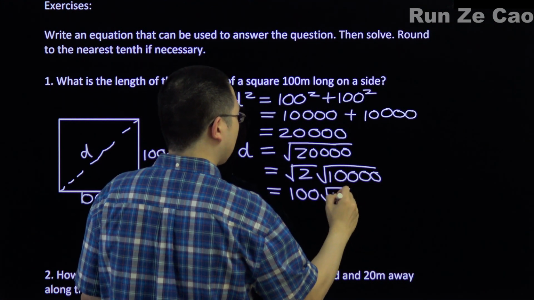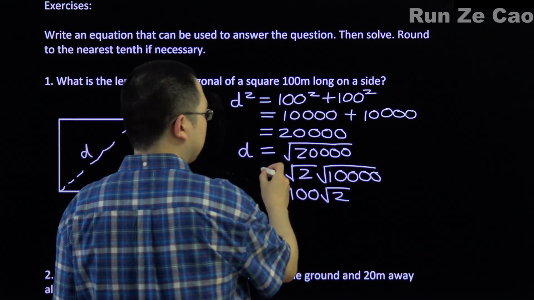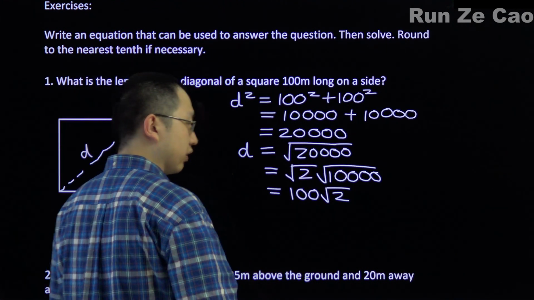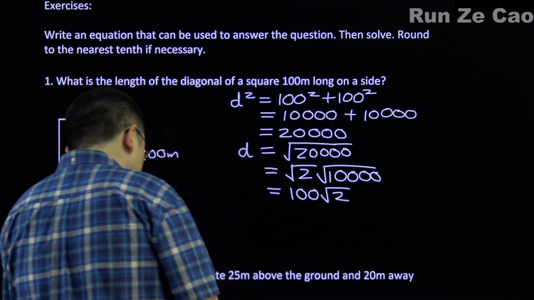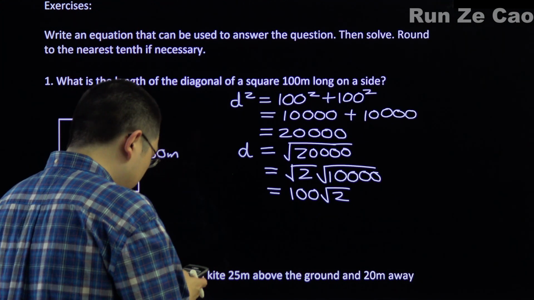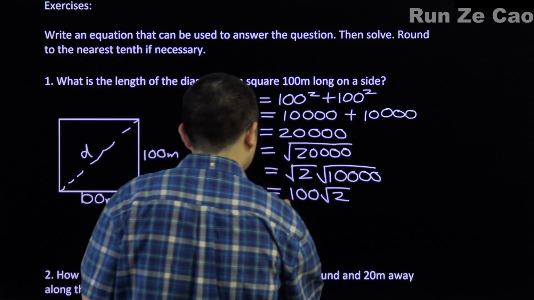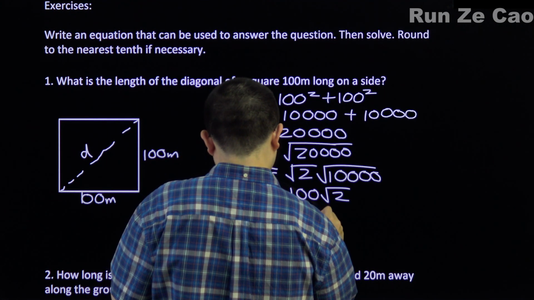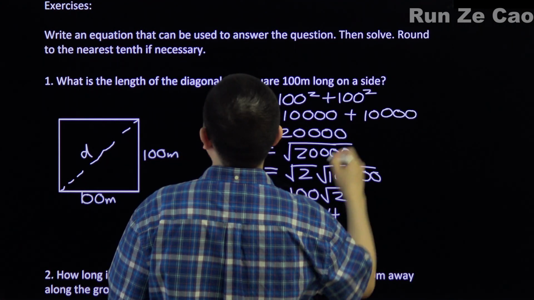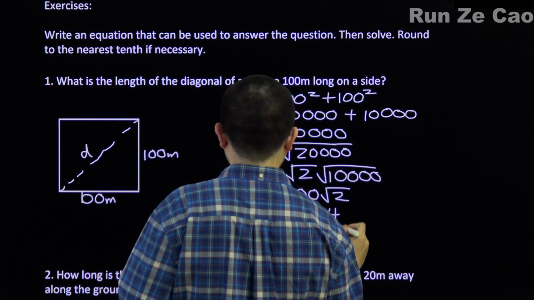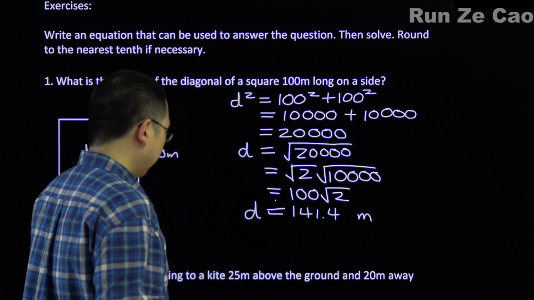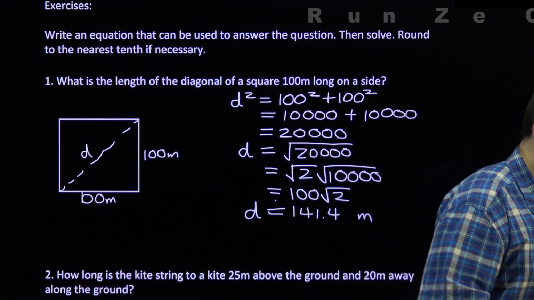Eventually you'll be able to omit this step and go straight from square root of 20,000 to this. So 100 times square root 2 will leave you with approximately 141.4, because it's to the nearest tenth if necessary, and the units are meters. Okay.